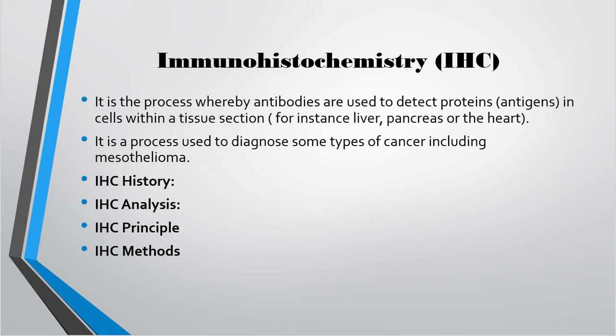Lymphomas are among the cancers most dependent on IHC for correct diagnosis and treatment decisions. It uses the principle of antibodies binding specifically to antigens in biological tissues to detect the antigen in cells of a tissue section.